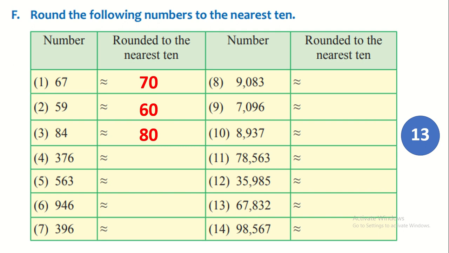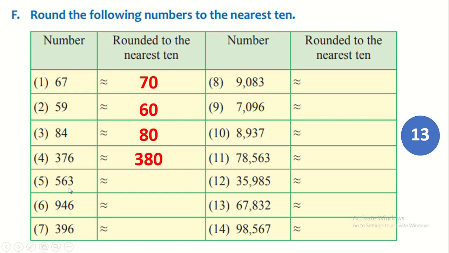Students, number 4 is 376. The tens digit is 7, but next is 6. Rounded to the nearest 10, it is 380. Number 5, 563.